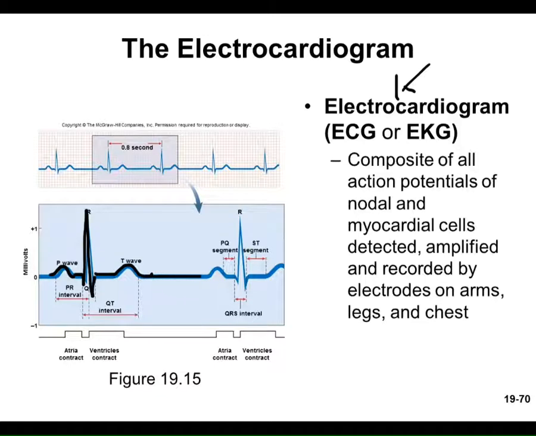Then there'll be a gap of time before the whole thing starts all over again. And in lab, we'll recognize that from one curve to the next, on average, is 0.8 seconds. So when I think about R to R, this R wave to R wave, 0.8 seconds represents what? The average time for the cardiac cycle.